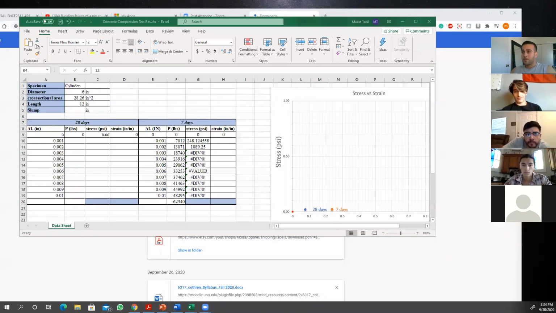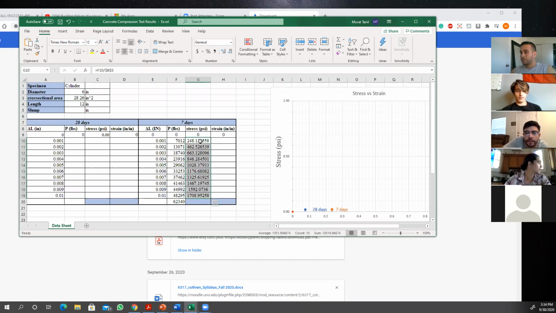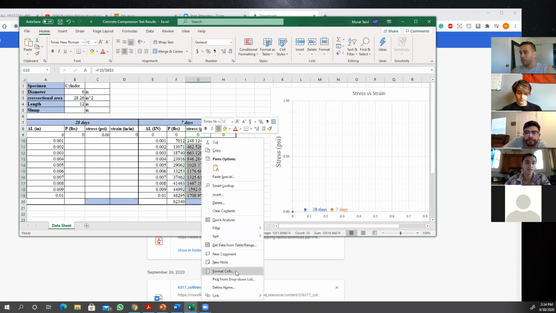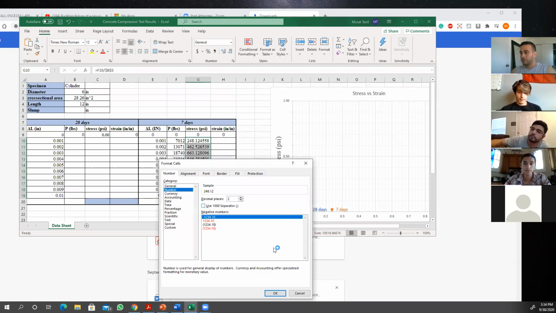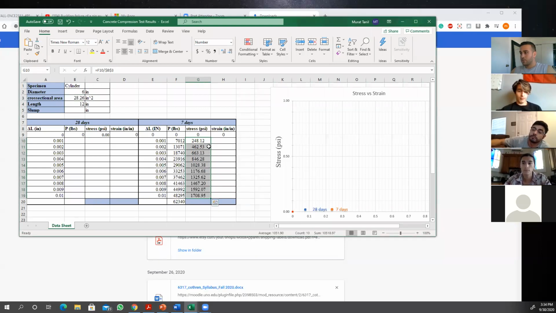Okay. So I got my cross-sectional area. Now I got the values in PSI. I can clear it up a little bit. I want to see 2 decimals, or I can make it 1 decimal.